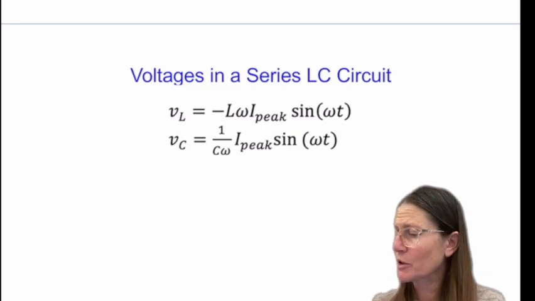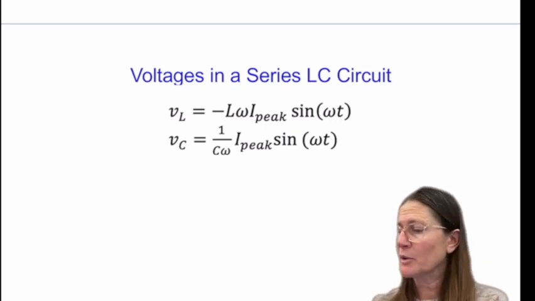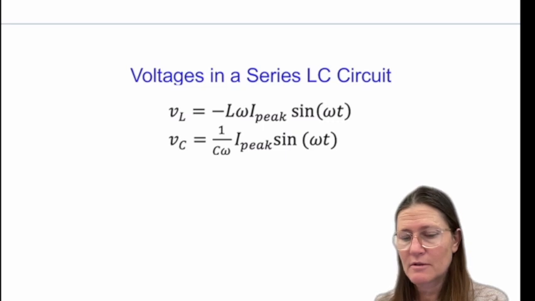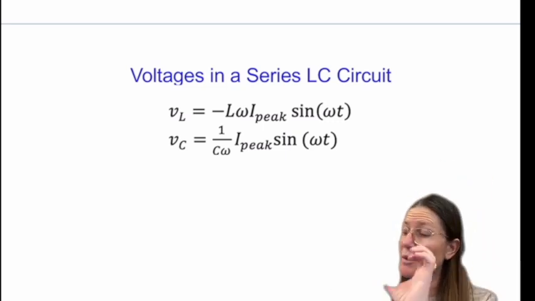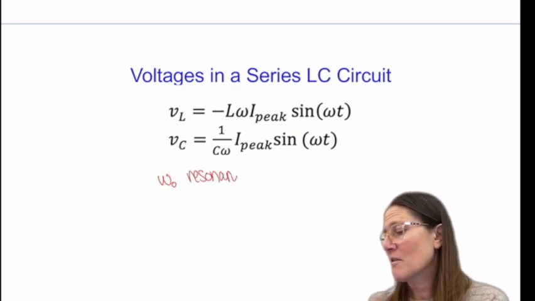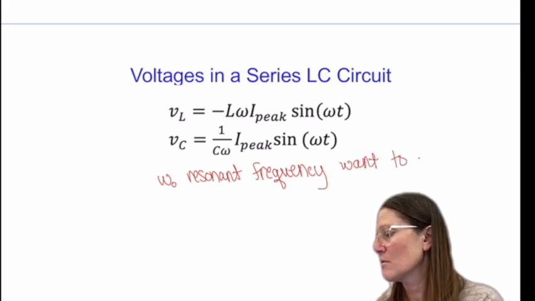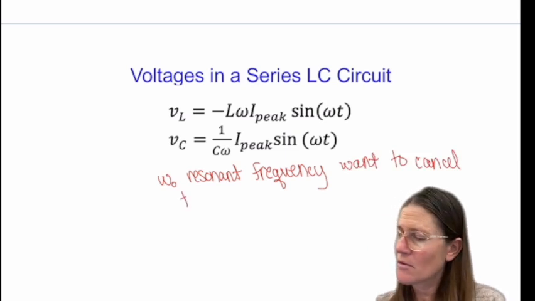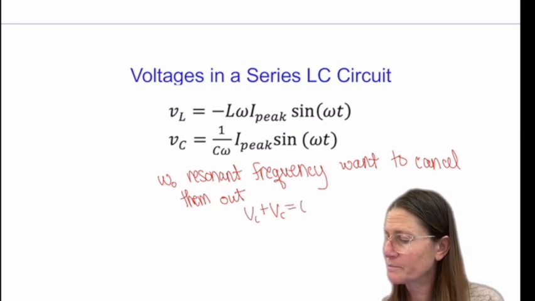For the resonant frequency, we want to cancel out these two. So we want VL and VC to equal 0.